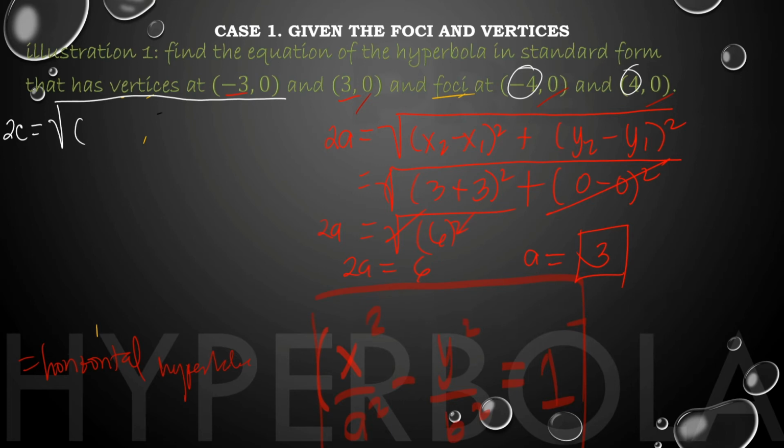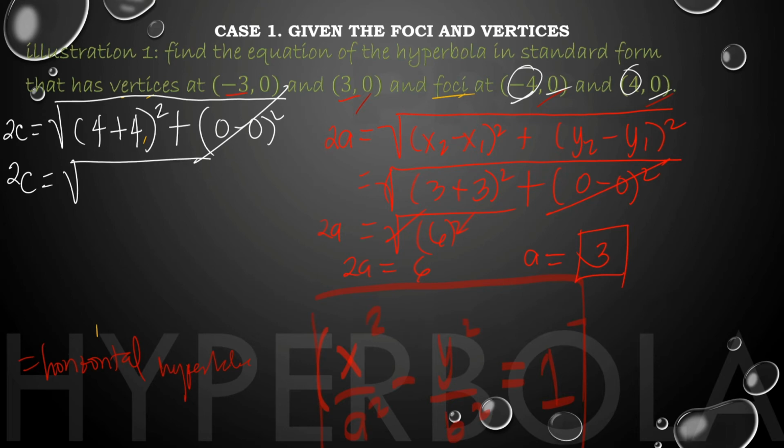So, x sub 2 is equal to positive 4 minus itong negative 4, magiging positive 4 squared plus parehong 0 yung y sub 1 and y sub 2. So, 0 minus 0 squared. So, cancel out na to. So, 2c is equal to 8 squared. So, 2c is equal to, cancel out na yung square root and squared. So, 8. So, to find c is equal to 8 divided by 2 is equal to 4.